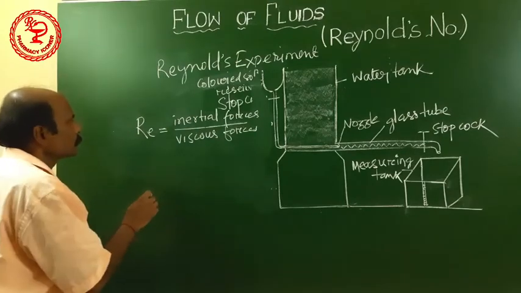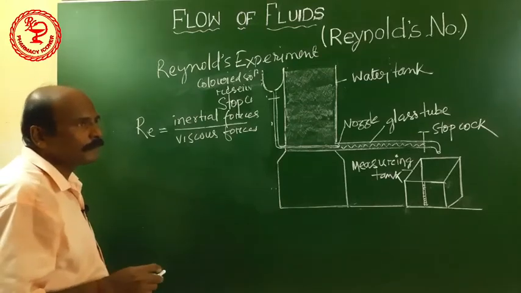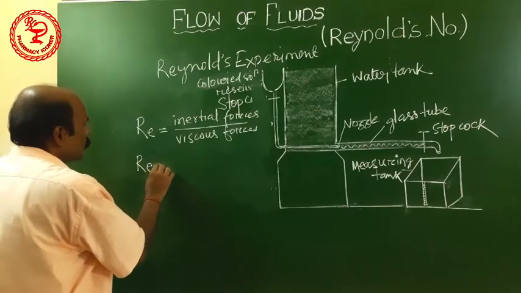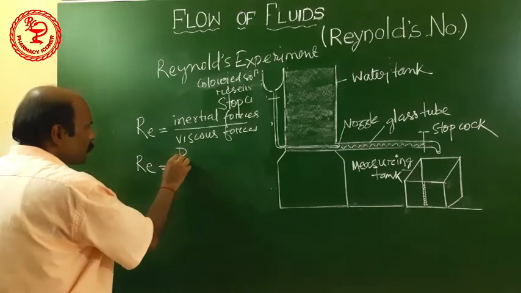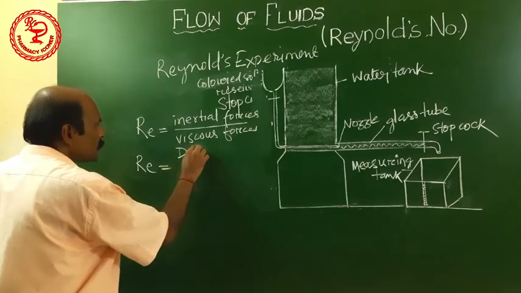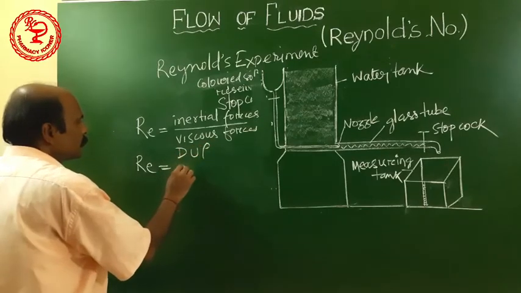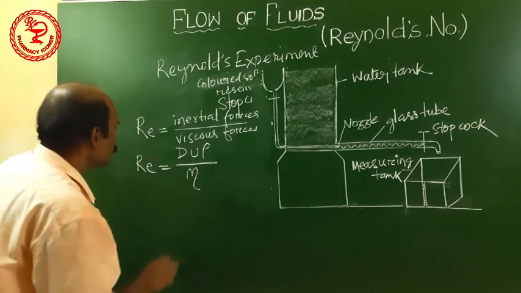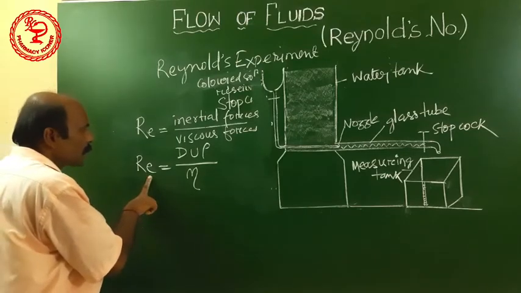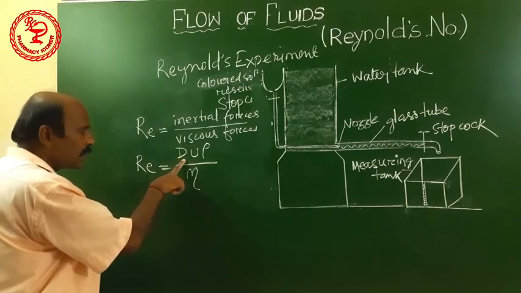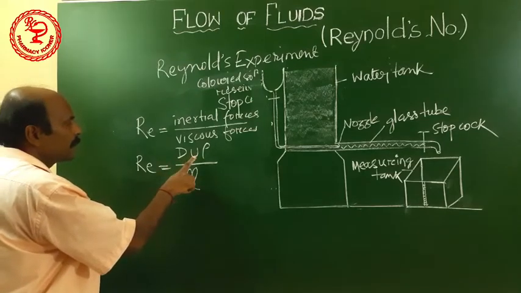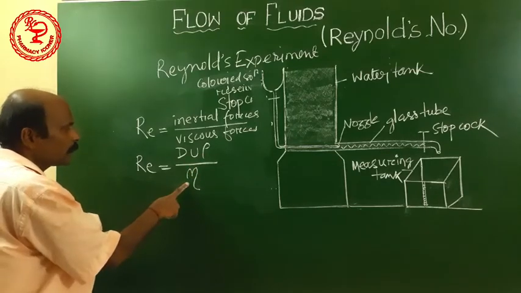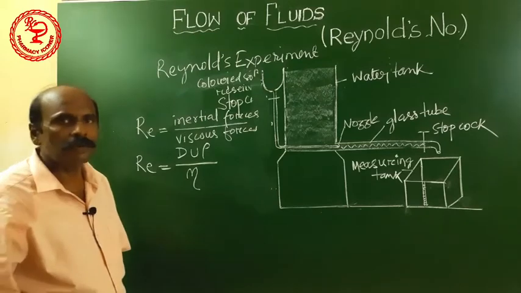He also correlated some factors like the diameter of the pipe, average velocity, density of the liquid and the viscosity of the liquid. He found that the Reynolds number is directly proportional to the diameter of the pipe, average velocity and density of the fluid, and inversely proportional to the viscosity of the fluid.